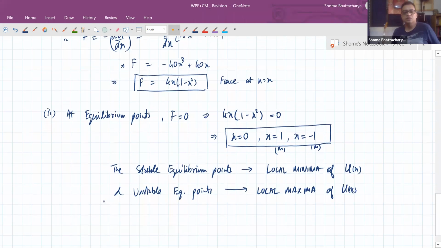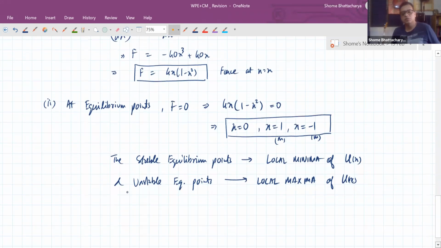So here, as you can see, the potential energy function was given to us by this relation.